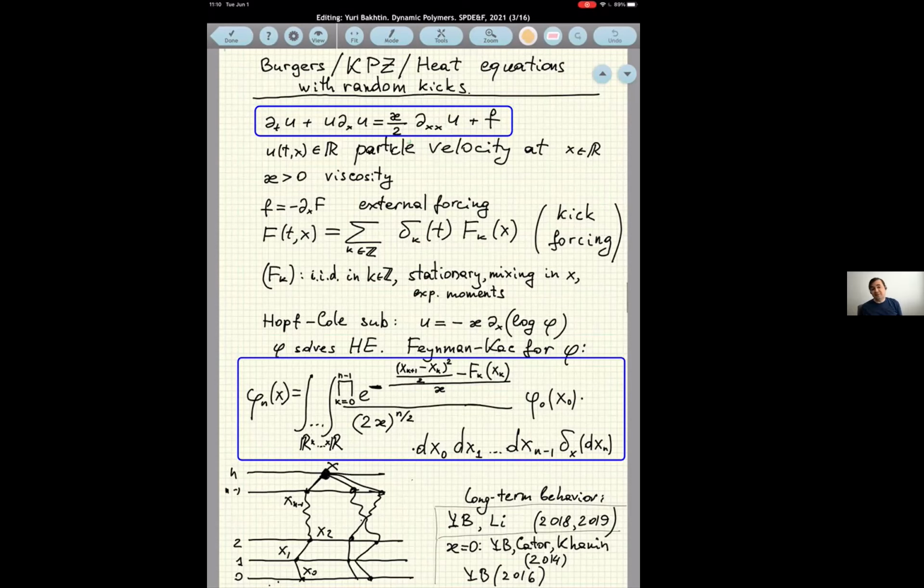The main point in this formula is that you can view this as an integration with respect to a polymer measure. You have this Gaussian measure, and on top of that, there are these random inputs from the environment. And so you can view this as a Gibbs measure, defining a distribution on those paths with self-interaction.